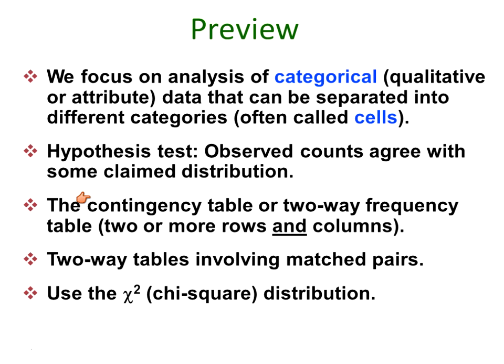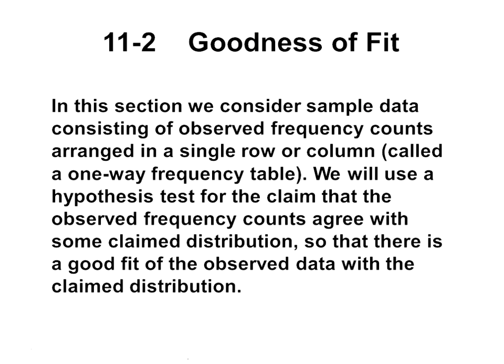Okay, so we're going to be working with contingency tables. And more importantly, we're going to be using the chi-square distribution. So keep in mind that you're going to pull out that distribution back, that was table A4, and we're going to continue using that. Okay, so let me underline the main ideas here.